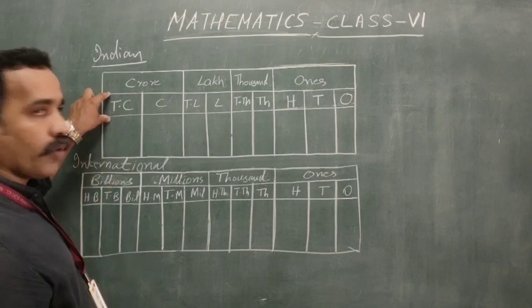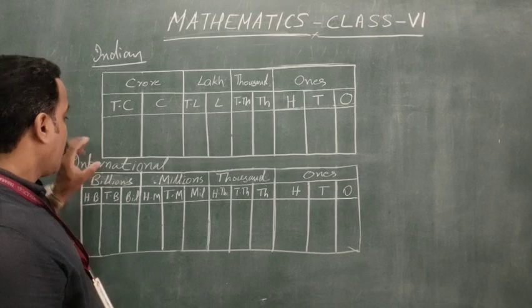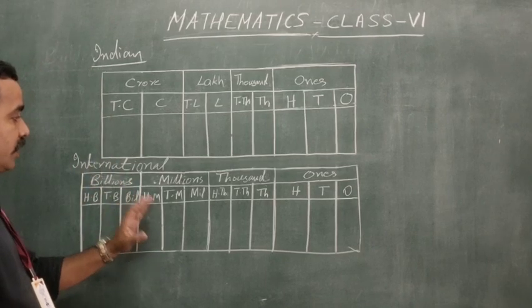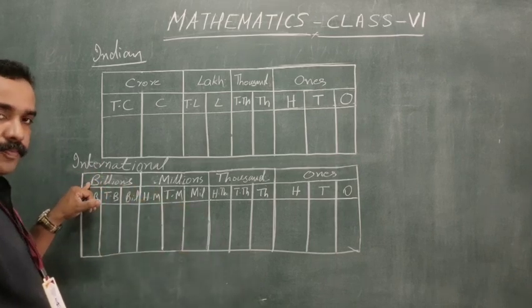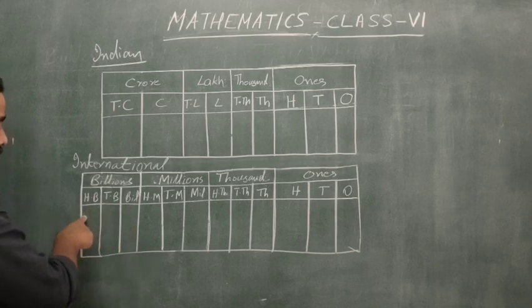So 10 crore is equal to 100 million, and that is up to 10 crore. Then in the international place value chart, the next group is billion: 10 billion, 100 billion.